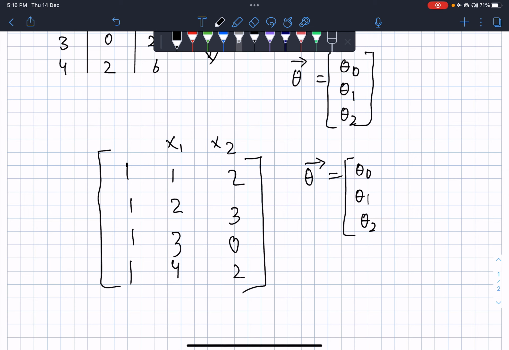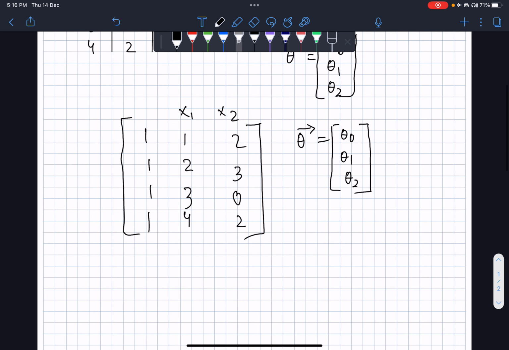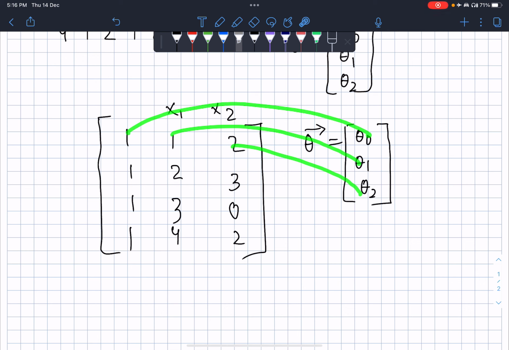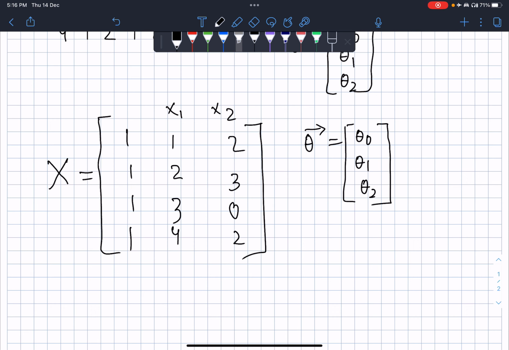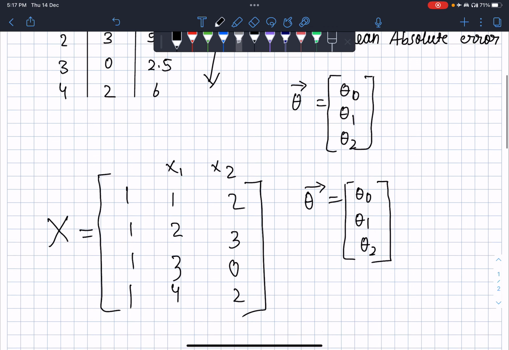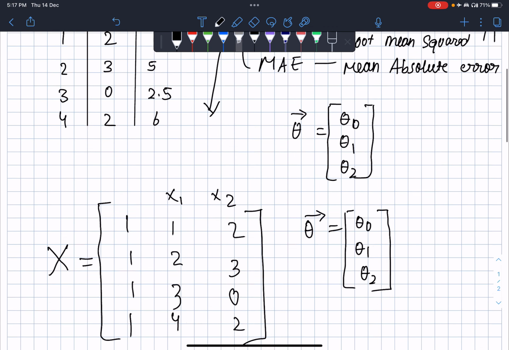We know how to multiply it: this is our x, and this is our theta. We'll multiply them.